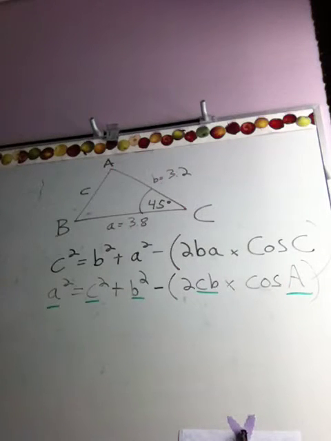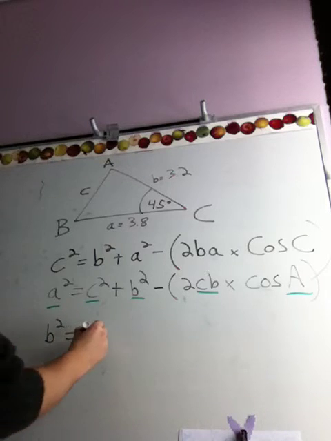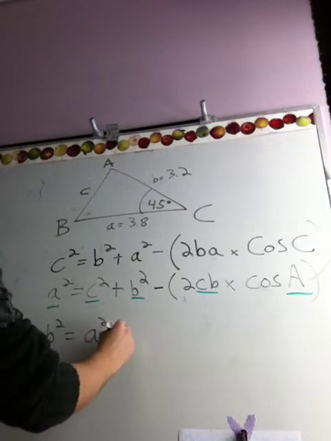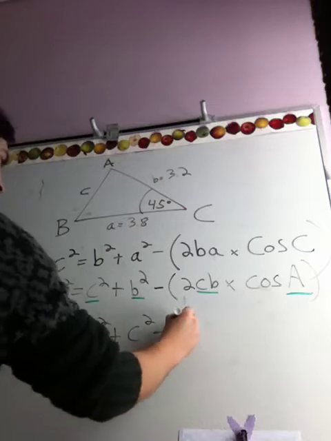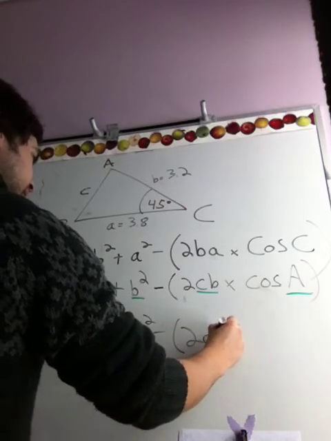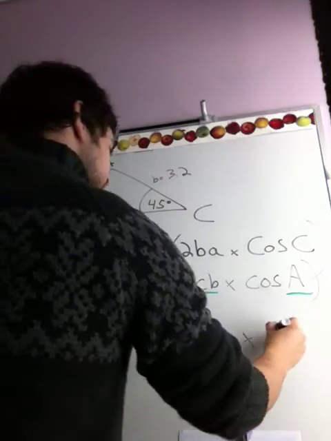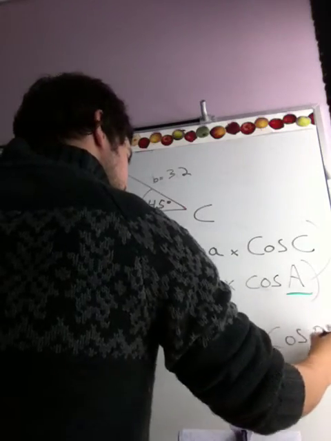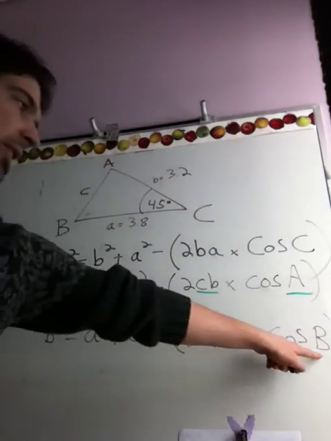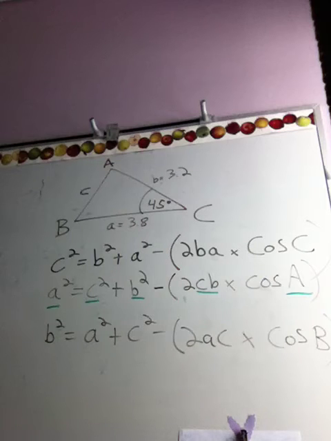If we were looking for side measure B, well, now we'd have A, C, A, C, cosine of the angle that's opposite to the side we're looking for.